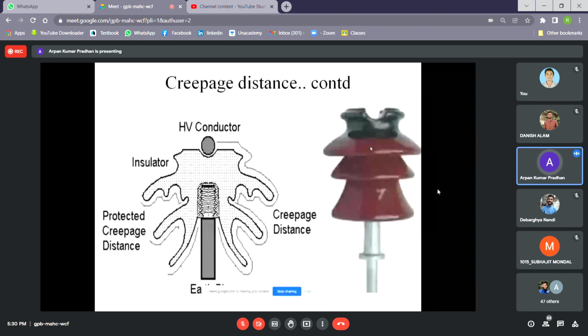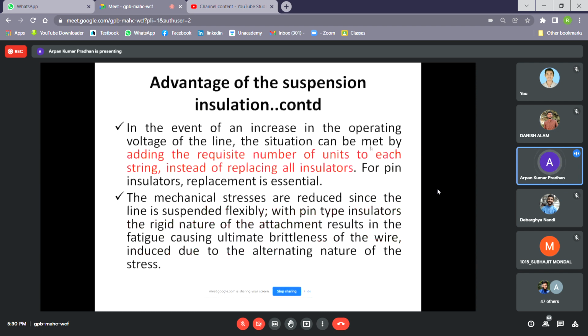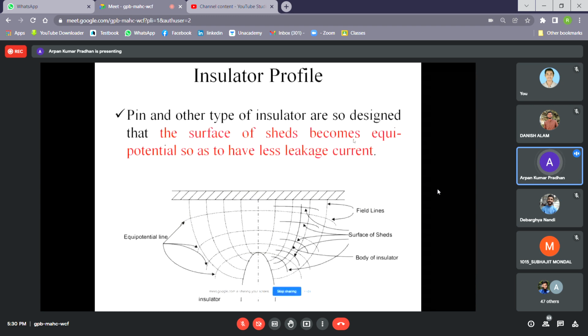Through the curve the potential should remain the same. That means the potential profile, and if the lines are equipotential, the electric field intensity lines are perpendicular to the equipotential lines. So in this diagram you can see these are the equipotential lines, and these are the field lines.